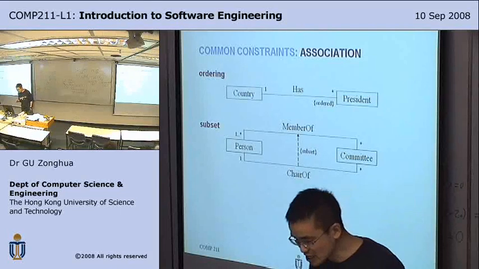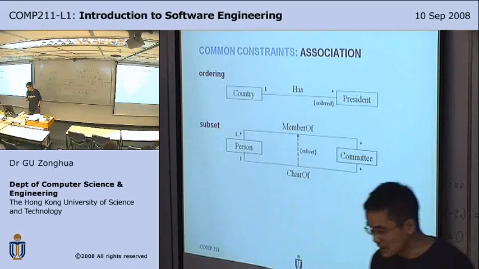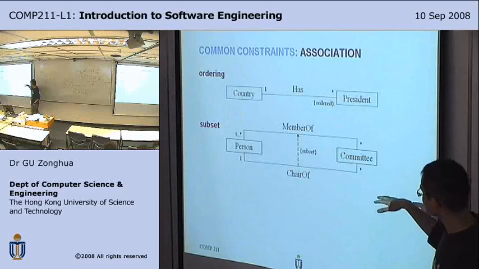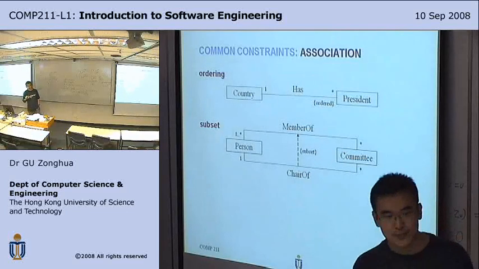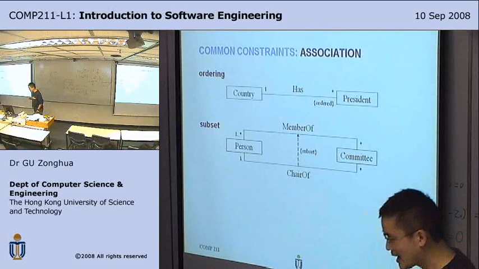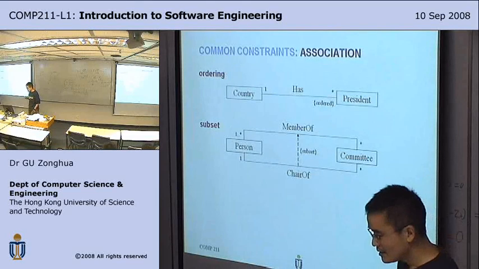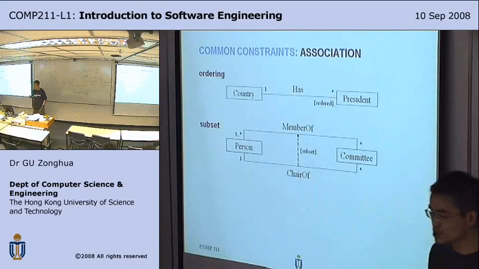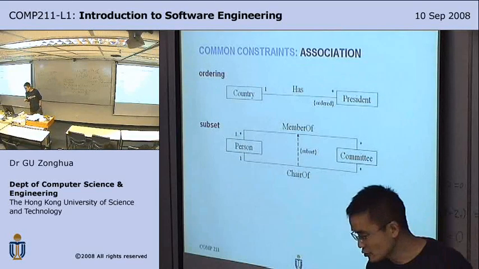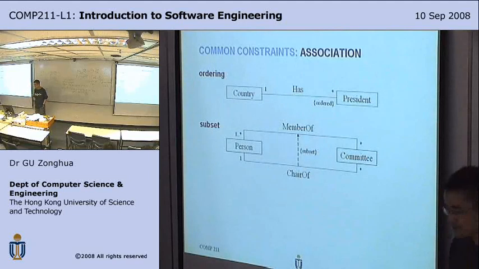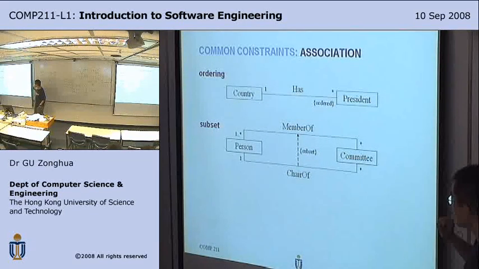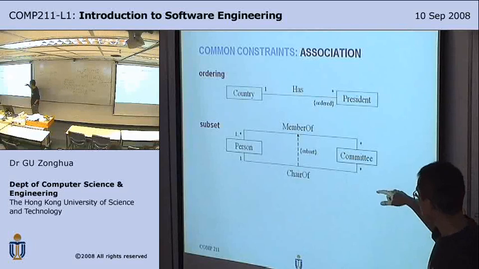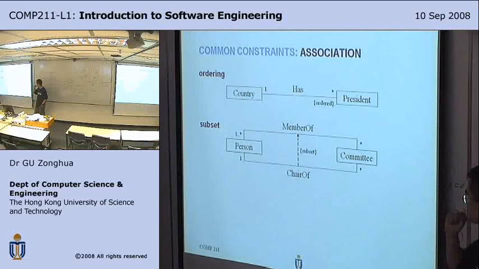Subset relationship. Here's the example. A person may serve on 0 or more committees, and every committee must have a chairperson. So you have 2 associations: member of, a person is a member of a committee, and chair of, a person is the chair of a committee.